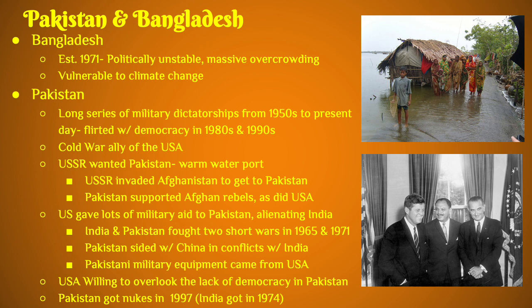Pakistan would also side with China whenever China had a conflict with India. And unfortunately, again, we will see this throughout this period. The United States is more than willing to overlook lack of democracy in the pursuit of their own interests all around the world.